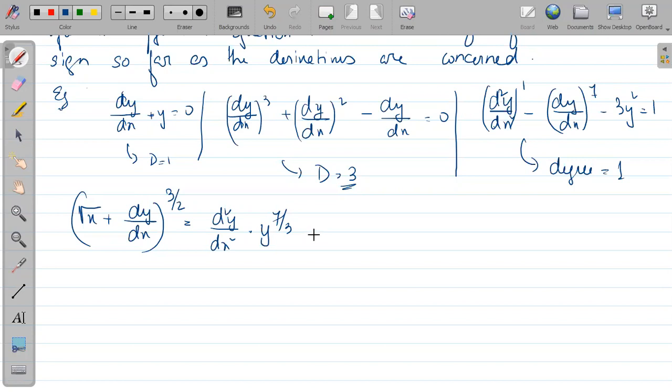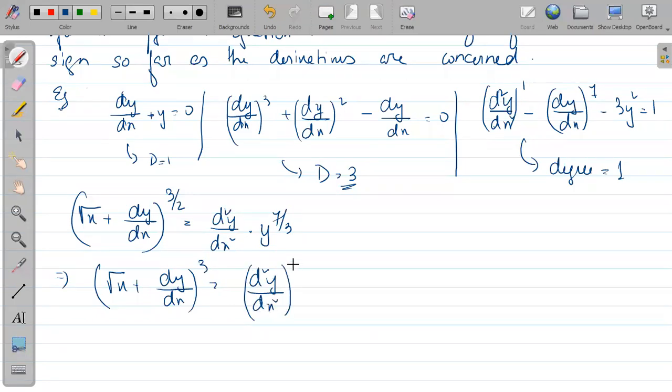It is not a polynomial. It is not expressed as a polynomial of derivative. First, we have to make sure that there should not be any radical sign. So what will we be doing? Nothing. Just square both sides. On squaring both sides, I am getting (dy by dx) cube equal to (d square y by dx square) times y to the power 14 by 3.